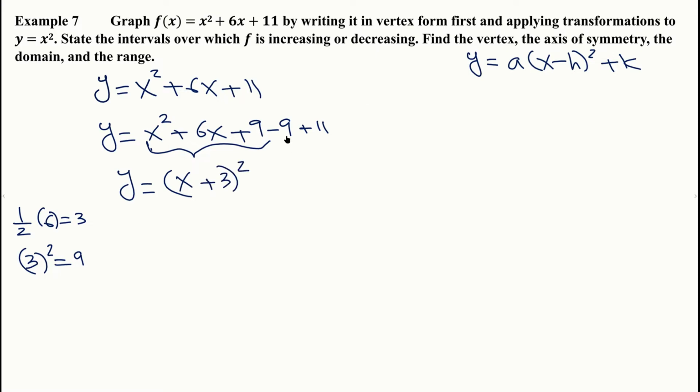Now, negative 9 plus 11, that's positive 2. So there we have it. We just put that particular quadratic function into vertex form, right? So notice that the vertex here is going to be at negative 3, 2.